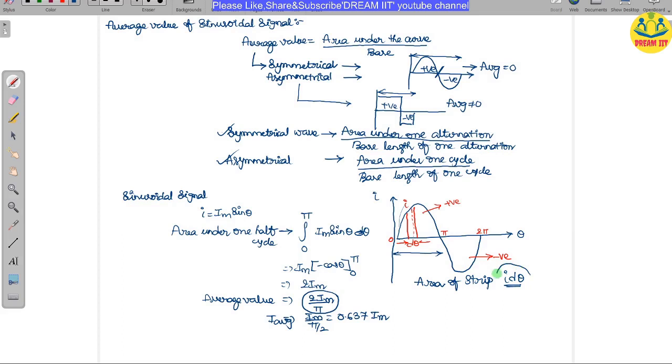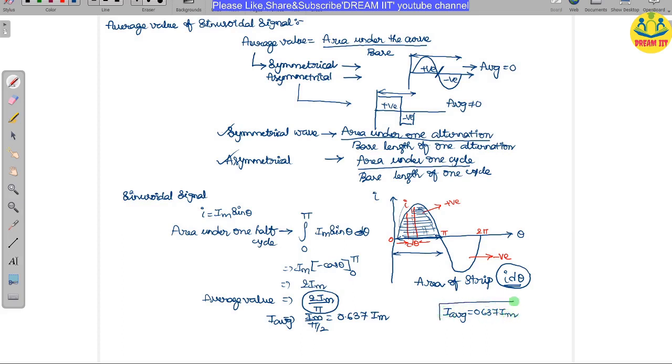I extended this area of strip over the total length of pi, because I require the area under this entire half cycle. That is the purpose of the strip. As it is a symmetrical wave, if you calculate the area under the complete cycle, you will get 0. That's why we take only the half cycle.